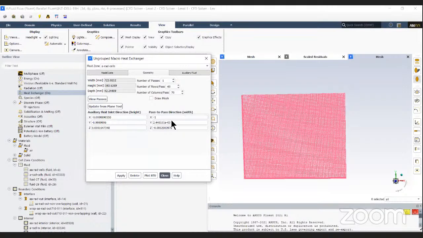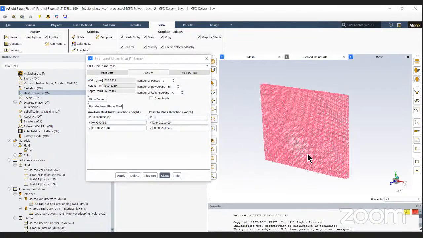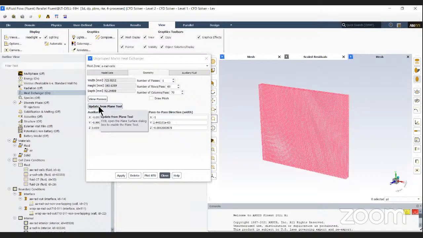Again, it is going to ask you for the pass to pass direction, right? And so you tell it in which direction your auxiliary fluid is moving. And again, you can do that from the plane tool update.